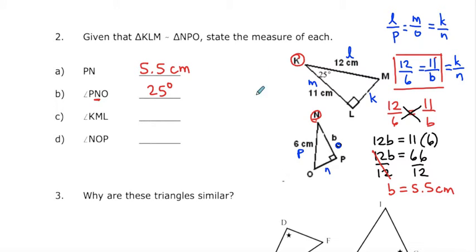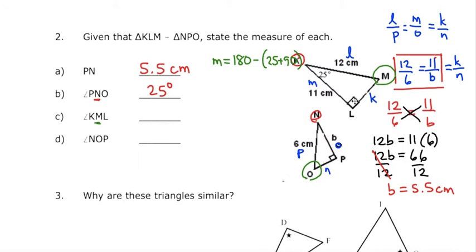Now I'm going to take a look at finding angle KML. So remember that's the same as finding angle M, which is right here. Now angle M would be in proportion to angle O, but I don't know that one either. But I do know two angles in this large triangle. And I know that the angles in a triangle add up to 180. So if I subtract 25 and 90 from 180, that'll give me this missing measurement there.